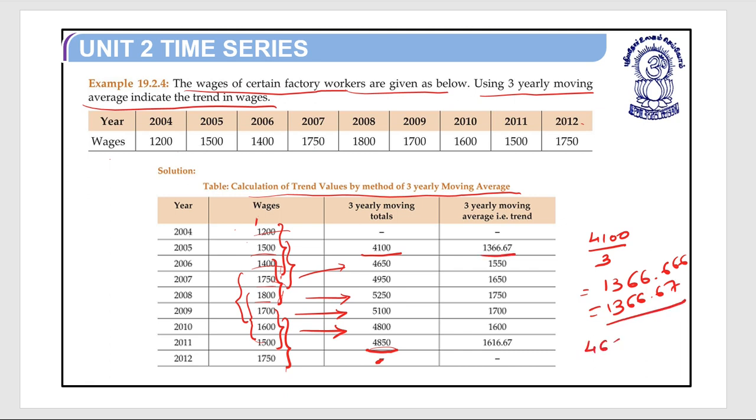Same way for 4650 divided by 3. 3 yearly moving average means 3 yearly totals divided by 3. 4650 divided by 3 is 1550, and so on. Okay.